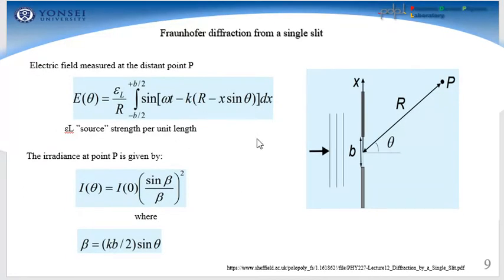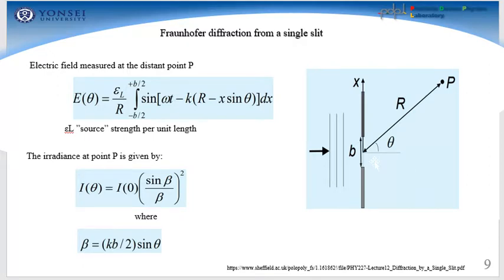For the intensity equation, consider this geometry. Assume that the slit is a line, this slit, in the direction perpendicular to the page, so we can neglect the diffraction effect in the perpendicular direction.